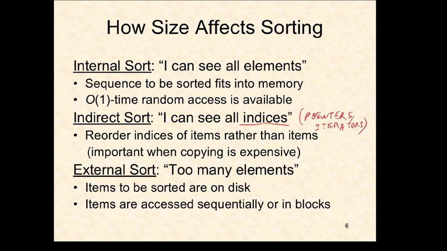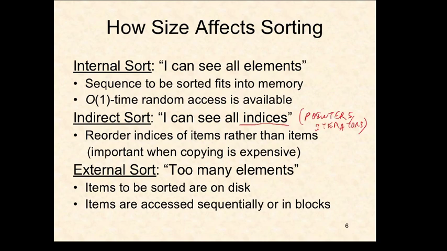For instance, the data could be on disk, but I've got a copy of the keys in memory. So the data is large. Let's say I've got medical records. I want to sort medical records by, say, blood glucose level or blood oxygenation level.